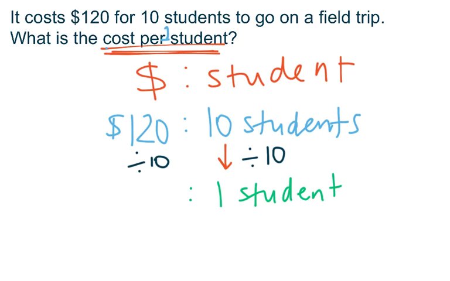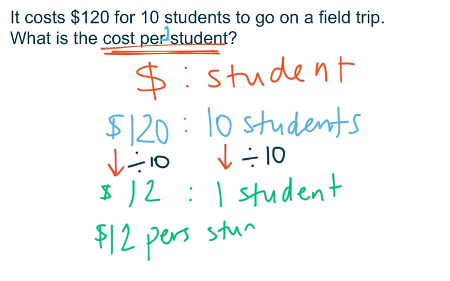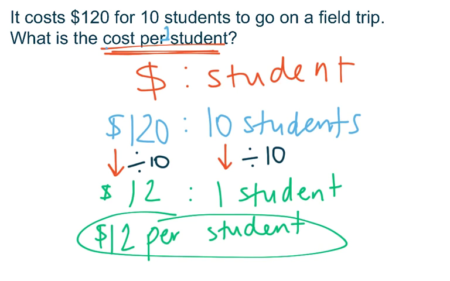And now we're going to figure out that 120 divided by 10 is going to be equal to $12. So in this case, it would be $12 per student. We could also say $12 for every student or $12 for each student. I just chose the word per because it makes a little bit more sense here. So $12 per student would be our answer.